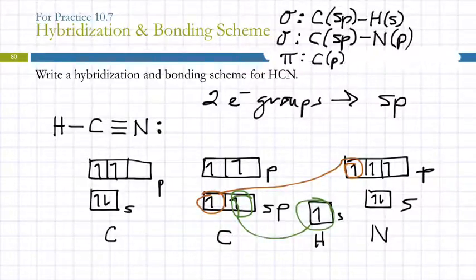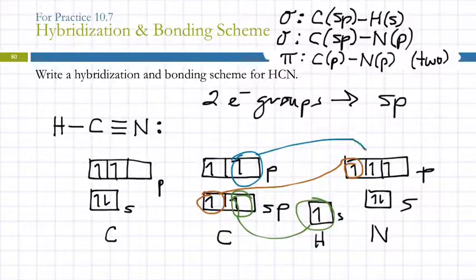P orbital. And what's nitrogen using for its pi bond? P. There's actually 2 of those, so you have to write that 2. So we've got these guys overlapping, and we've got these guys overlapping.